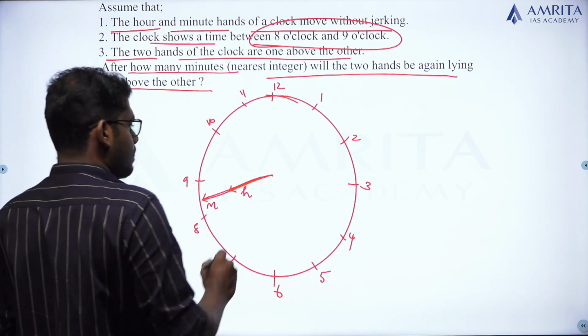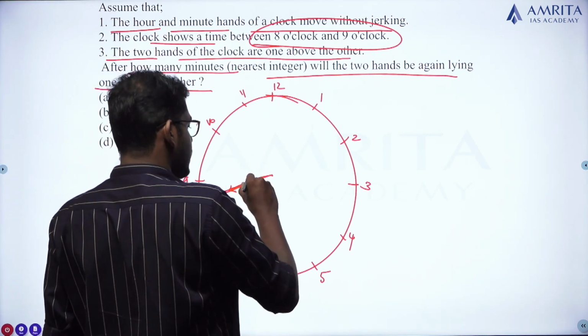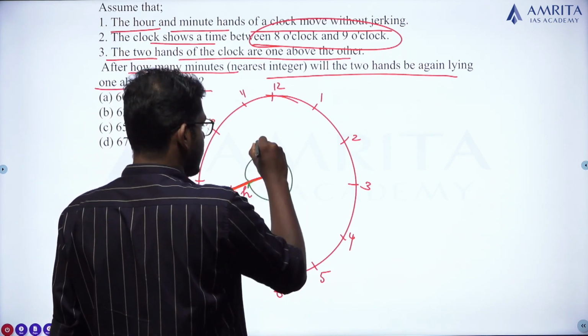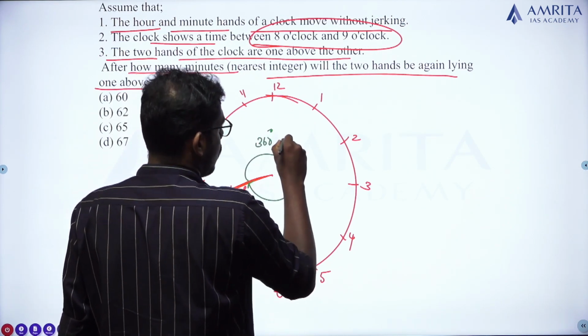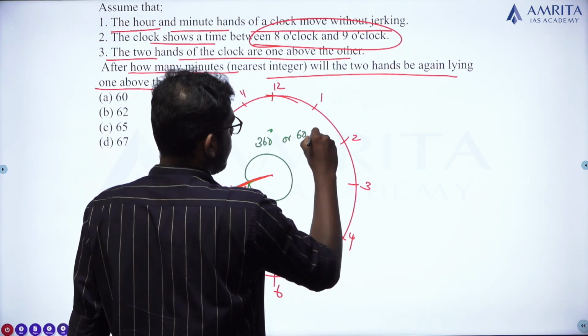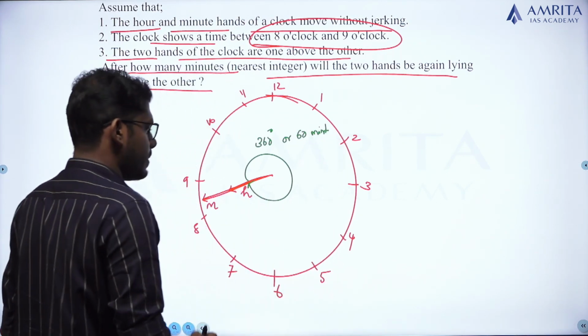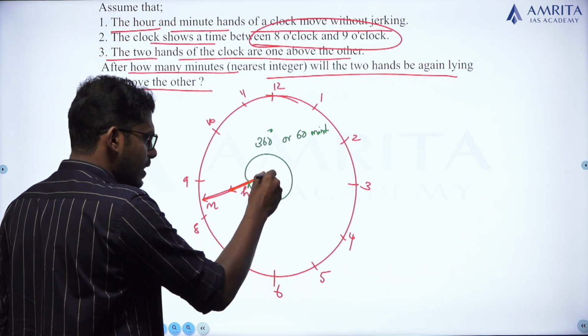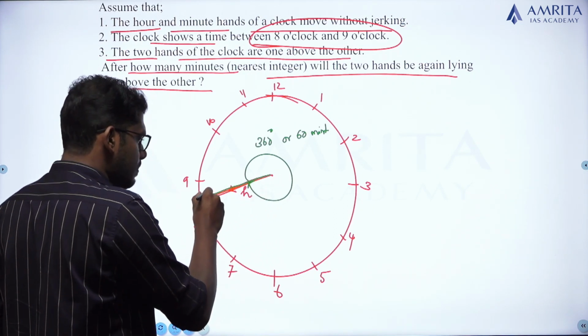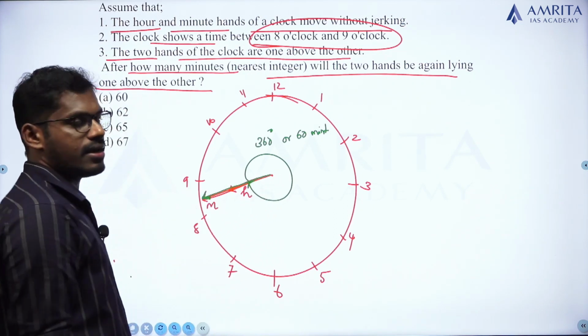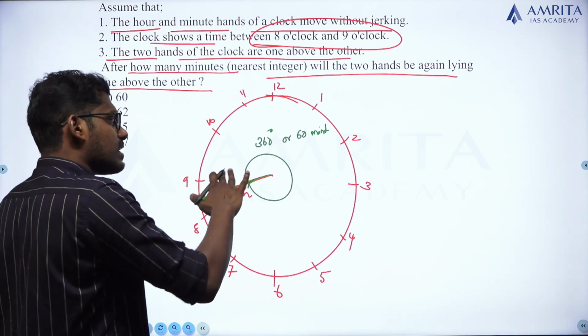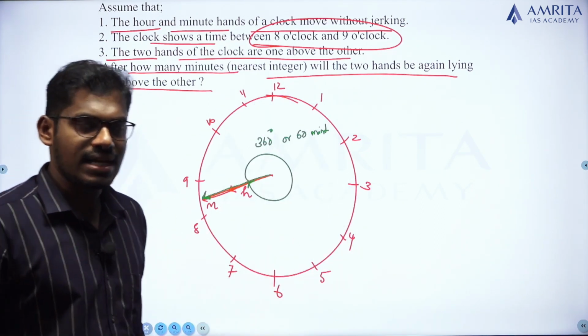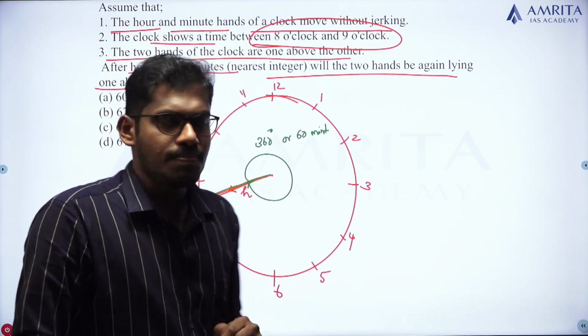So we know that after the minute hand takes 360 degrees or 60 minutes, the minute hand will be again here, but this after 60 minutes indicates 1 hour.